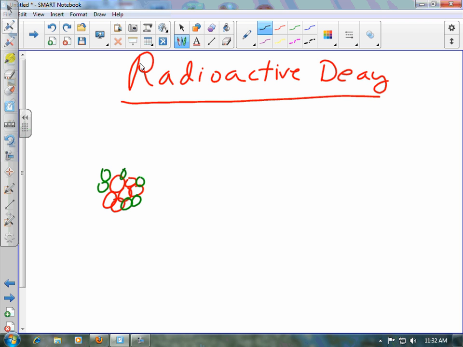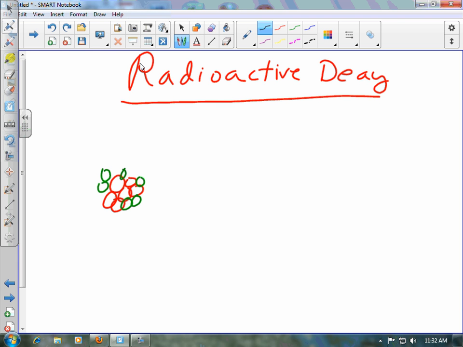It happens randomly, but if a nucleus is unstable, after a certain amount of time, it will spontaneously decay. And there are three different particles, or four different particles, that can be emitted.